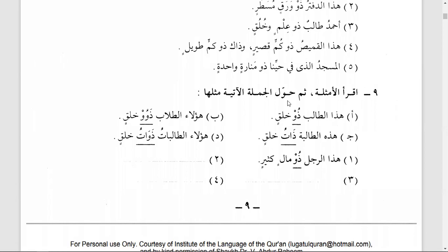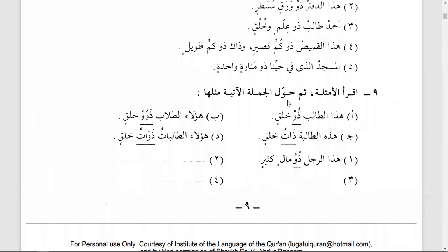ثم حول الجملة الآتية مثلها. Excellent. Read the examples. Iqra al-amthilata. Amthila is the plural of mithal. Mithal is one example, and amthila is on the pattern of af'ilatun.